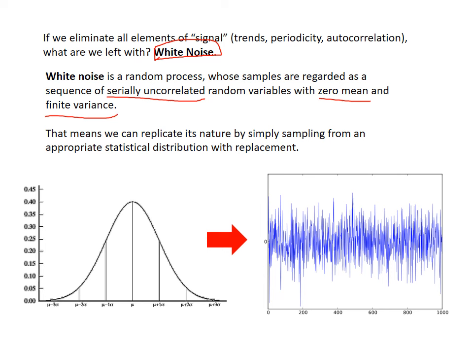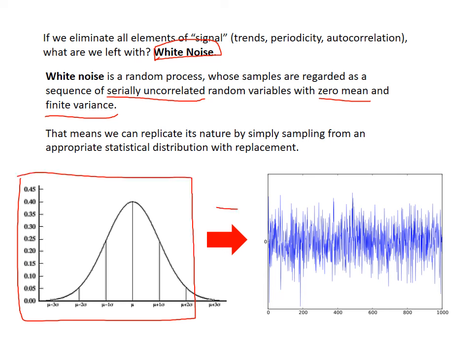That means that we can perfectly replicate a white noise variable by simply randomly sampling via Monte Carlo simulation from an appropriate statistical distribution with replacement, right? So if we've gotten rid of all these signals, the trends, periodicity, and autocorrelation, all we have left is some sort of random variable like this, then we can directly sample from it and get the leftover time series process.